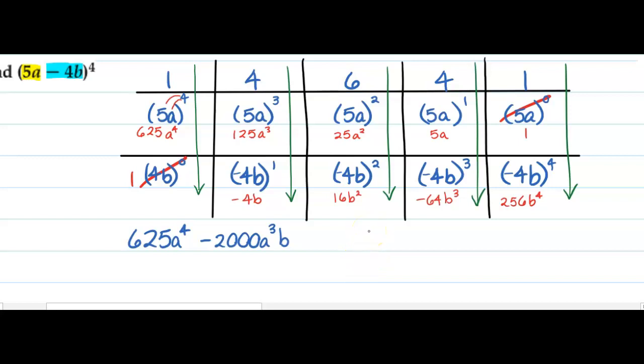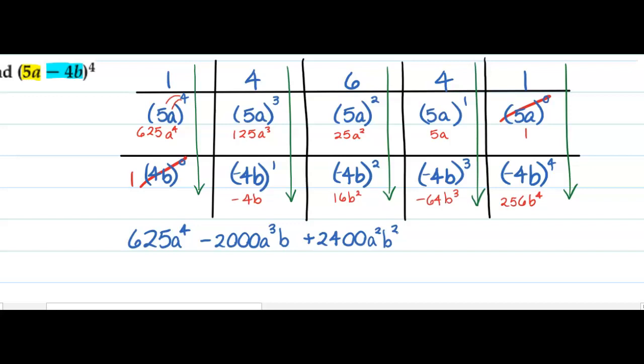Numbers, a's, b's. We're doing that for every column. The next column, 6 times 25 times 16 gives me positive 2,400 a squared, b squared.